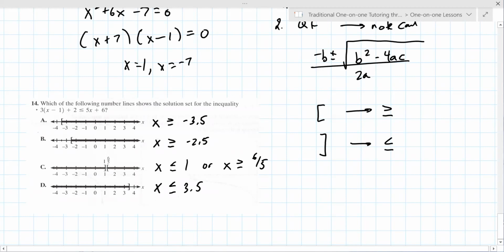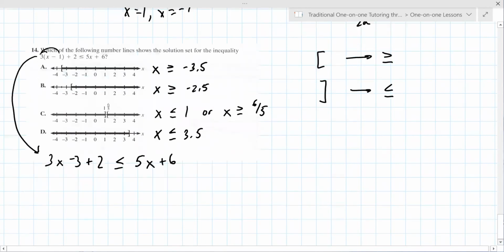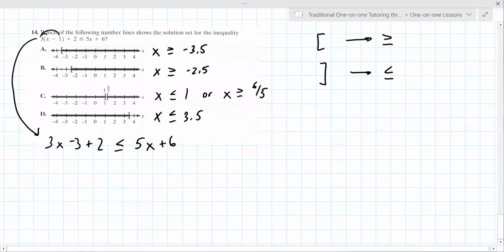Okay, so to solve this, we're going to distribute the 3 to both. So it's 3x minus 3 plus 2 less than or equal to 5x plus 6. Go ahead and try solving that and let me know which one you get as your final answer there.